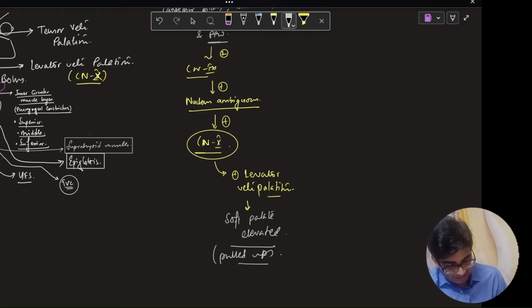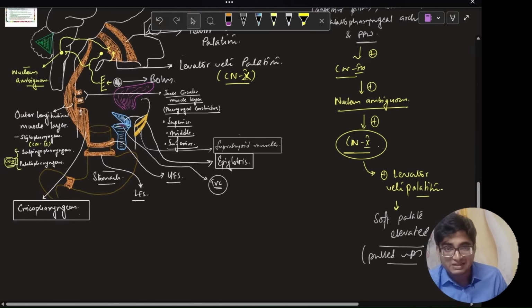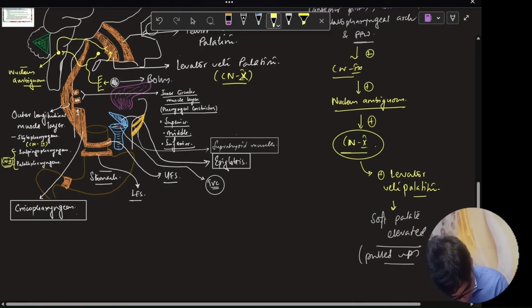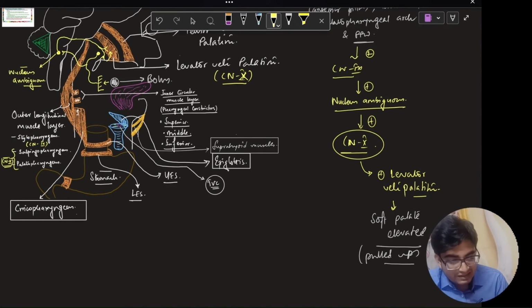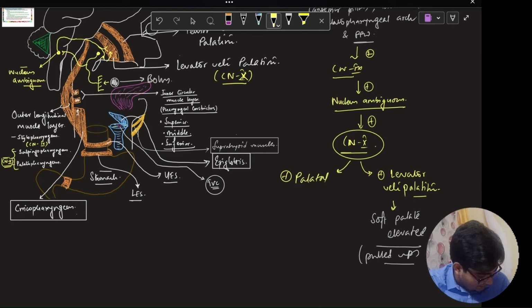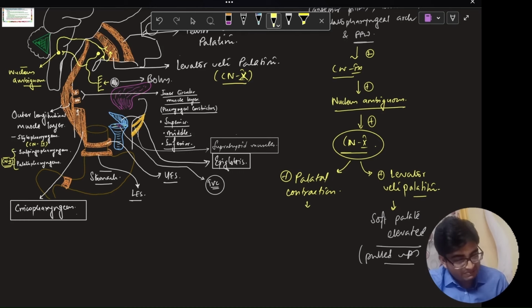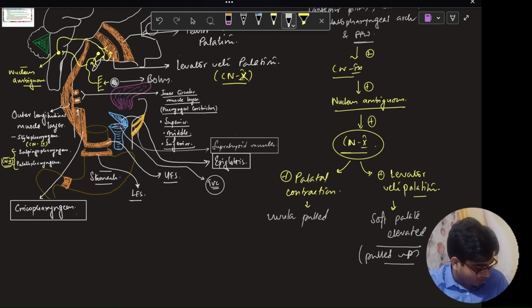Whereas cranial nerve 10 also supplies the palate, so it will also cause palatal contraction. By means of palatal contraction, again the uvula will be pulled up.